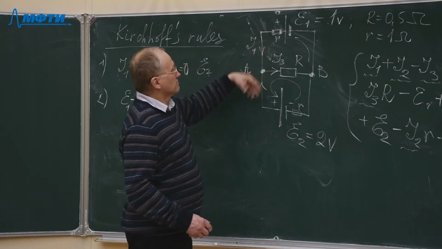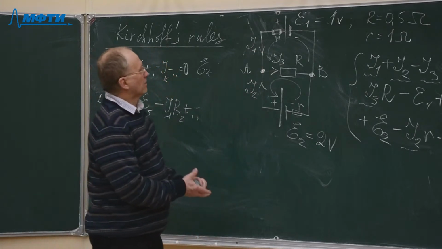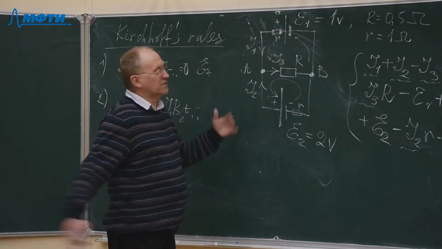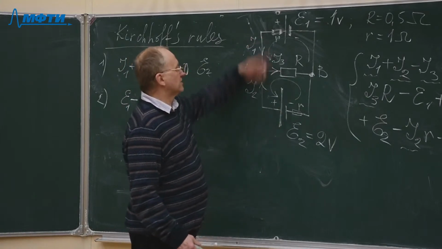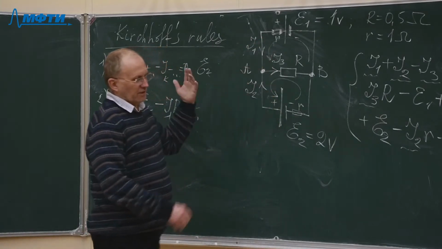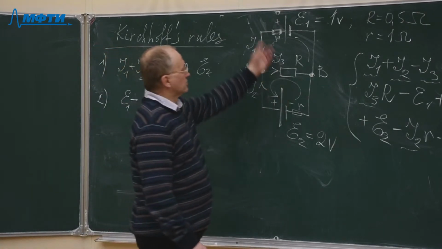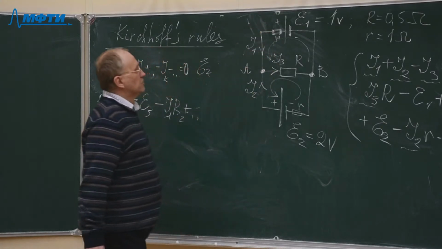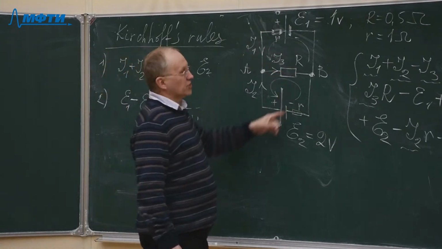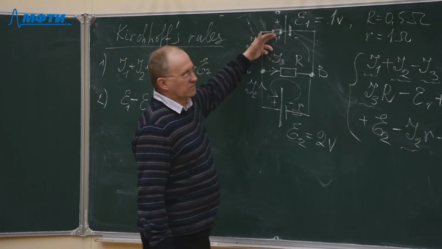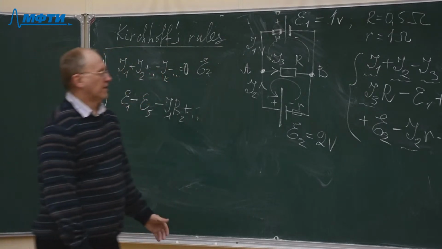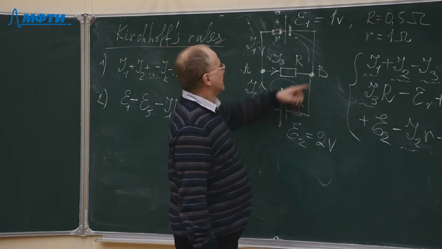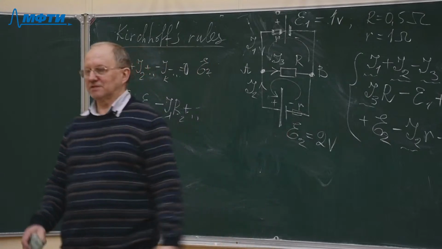If the dimensions of the circuit are, say, 1 meter, then any radio wavelengths larger than 100 meters may be considered much larger than the dimensions of the circuit, and 100 meters is about 1 megahertz or 3 megahertz. So up to 3 megahertz in alternating current, you can use Kirchhoff's laws. But if the frequency is much higher, like gigahertz, Kirchhoff's laws will certainly not work, because they were obtained only for static currents, only for direct currents.